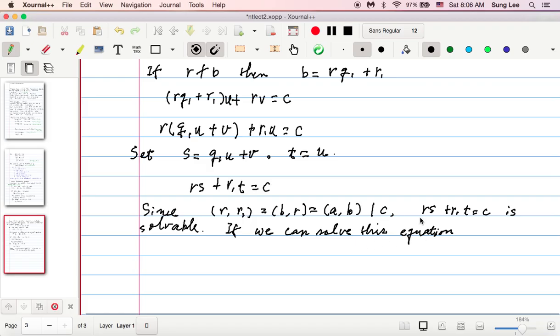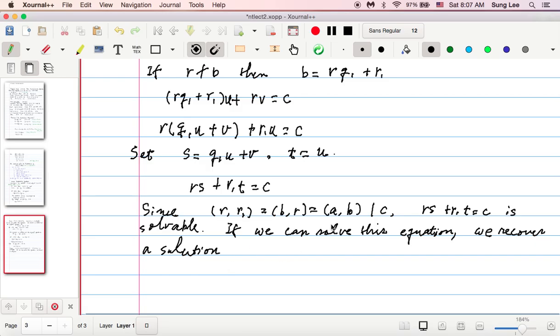If we can solve this equation, we recover a solution of the preceding step.